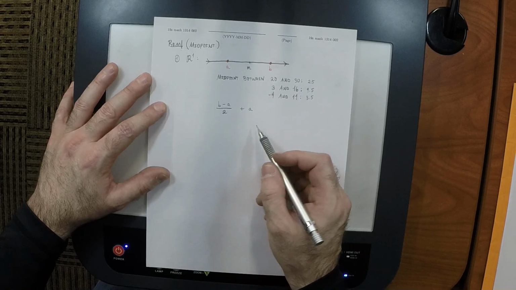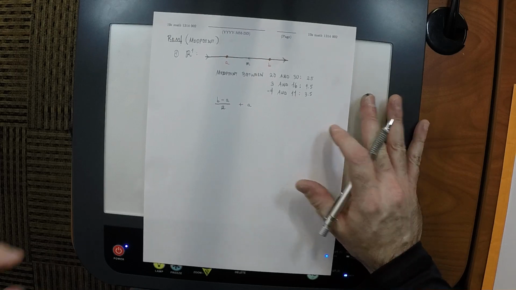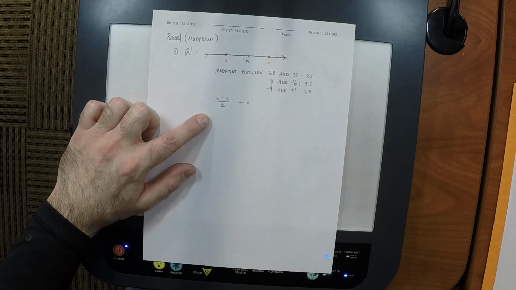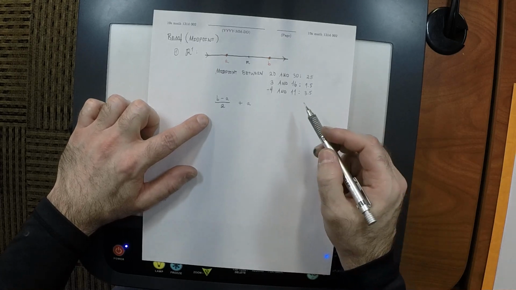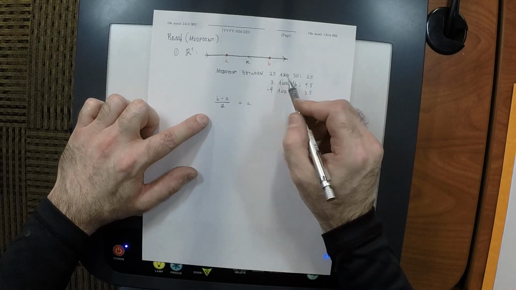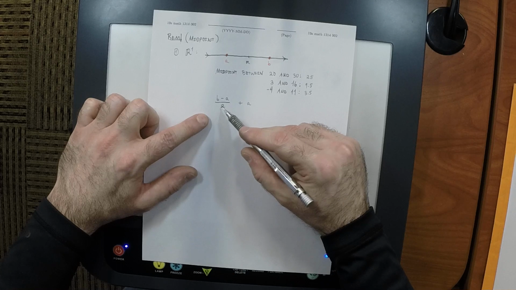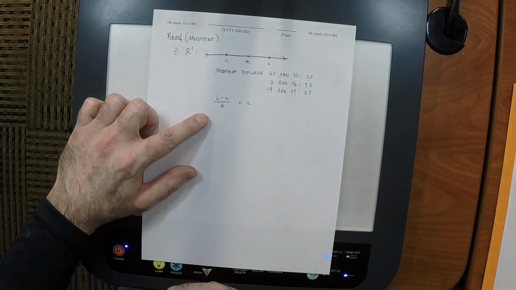And this formula, I don't know why, people are just wired this way. This is what people usually use when you ask them the midpoint, if they don't have reason to do otherwise. So half the distance, and then plus the starting point.